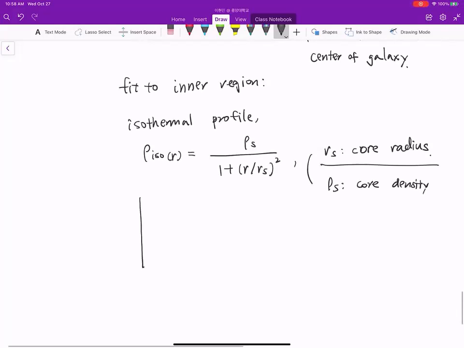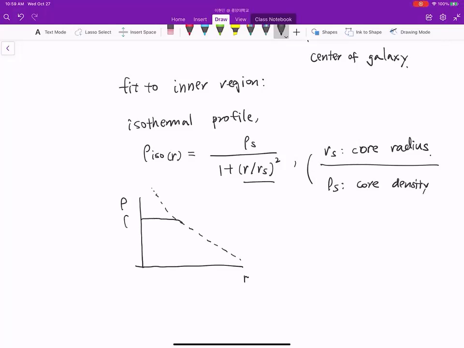Then if you draw the dark matter density as a function of radius, previously it will be something like this one, right? It's peaky and it becomes divergent as you go to the inner region, but now it's smoothed out because if you take R to 0, then the density becomes constant.